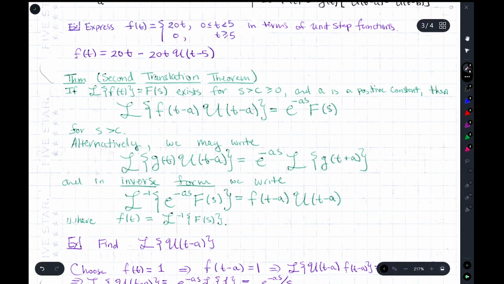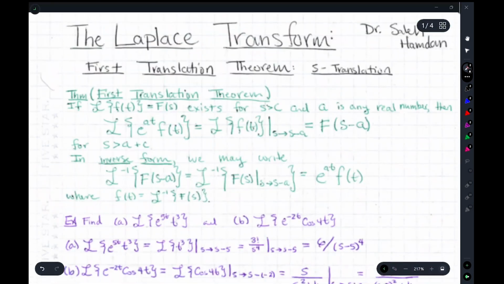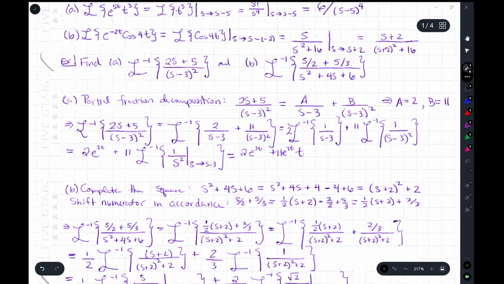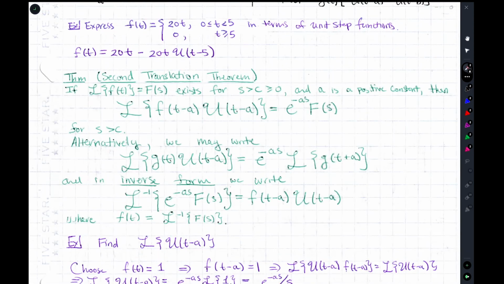And now you could contrast that with the first translation theorem, which we've looked at before, where we applied e to the at to f and then Laplace transformed to get the translation in the s space. Now we translate in t space and then get e to the minus as times F of s, okay?